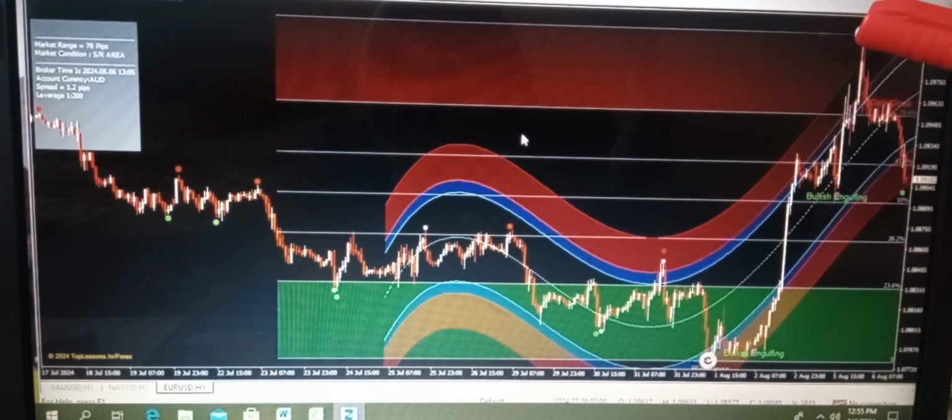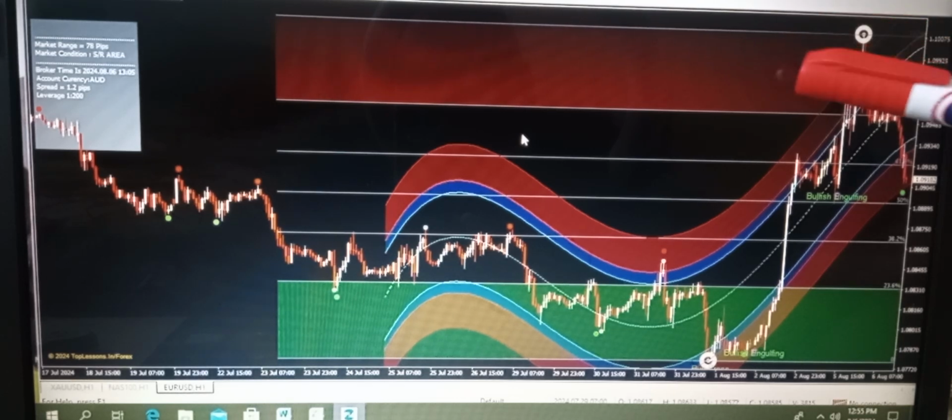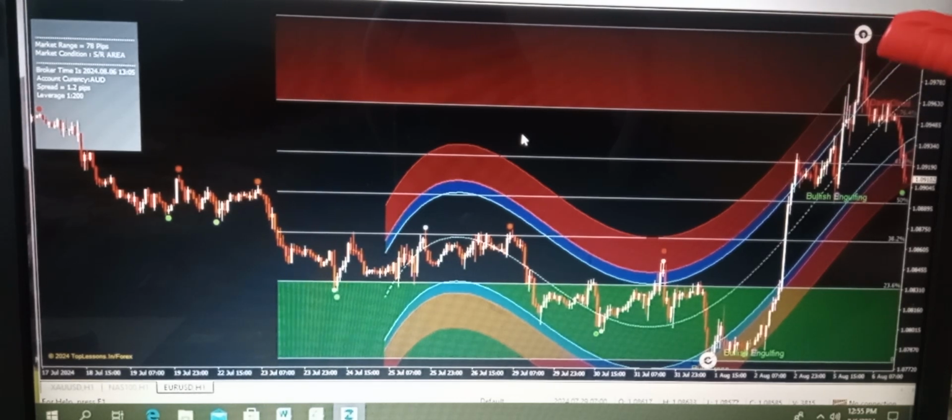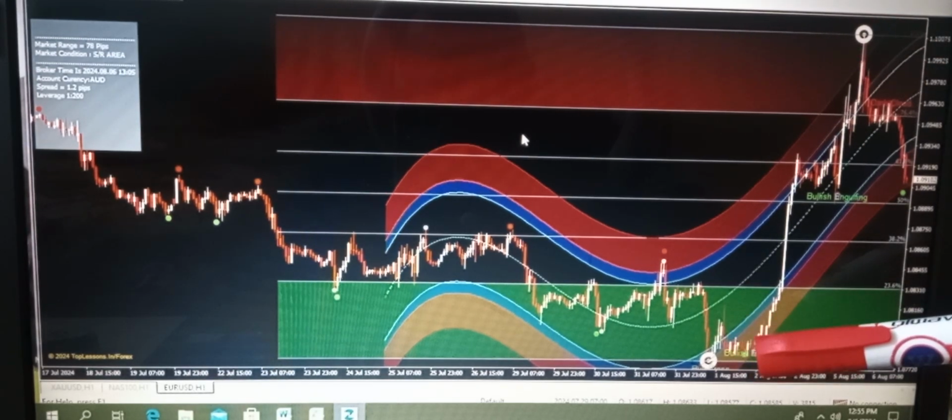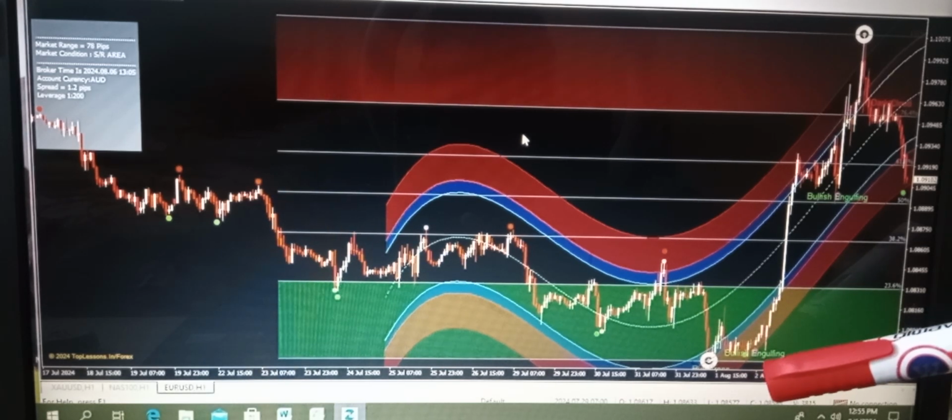Why? Because you have a signal at 100%, and then also you have a resistance level, and now you have a bearish engulfing candle that is introduced. So it shows you that really the market is going for a sell. Either it will say a bear cross or a bearish engulfing candle. Right below here, either it will say a bullish engulfing candle or a bull cross.